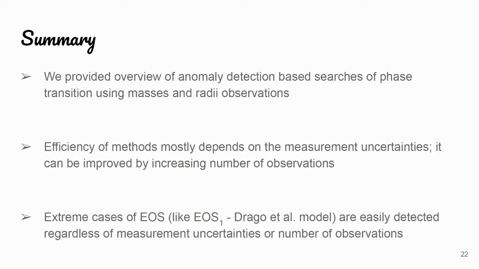Have you tried to apply this, or are you planning to apply this to real data? Because there is data already from NICER, you have the gravitational wave data, the X-ray bursts. You could apply it directly. In principle, yes. With Michał, first we wanted to expand this toward gravitational wave data, for example chirp masses and tidal deformabilities, to see if it behaves similarly.